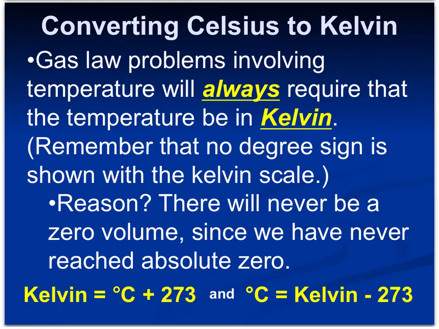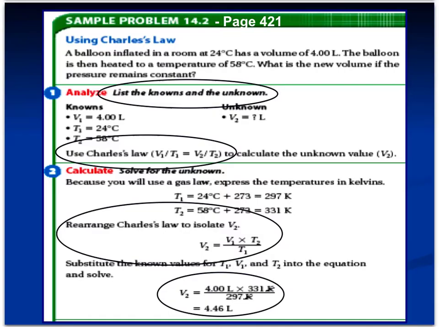And the reason for this is that there'll never be a zero volume, since we never have to reach absolute zero. We might have 0 degrees Celsius, and if we have that temperature on the bottom, it's going to make the expression impossible. So here's just a quick refresher: if you have a Celsius degree, you simply add 273 to it to get it into kelvins.